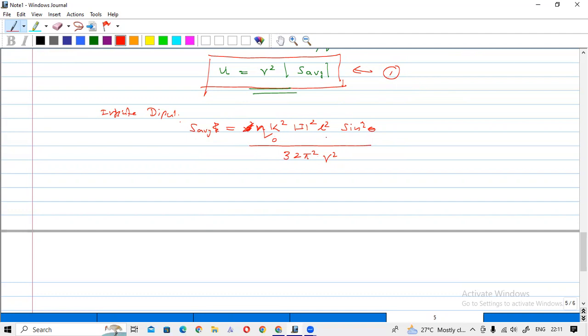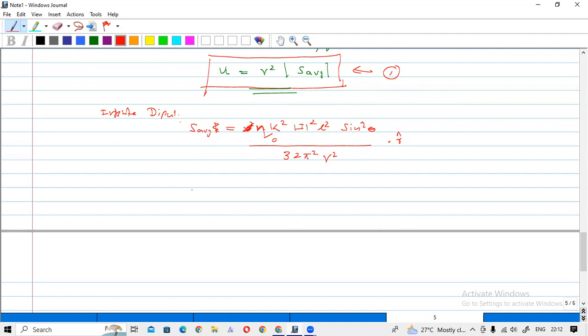Here r is the distance and L is the length of the dipole. It is a vector and you have the direction r hat. If you get the magnitude, you have to ignore this direction.